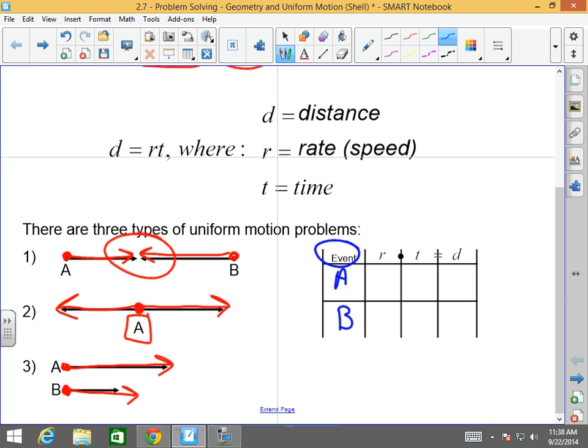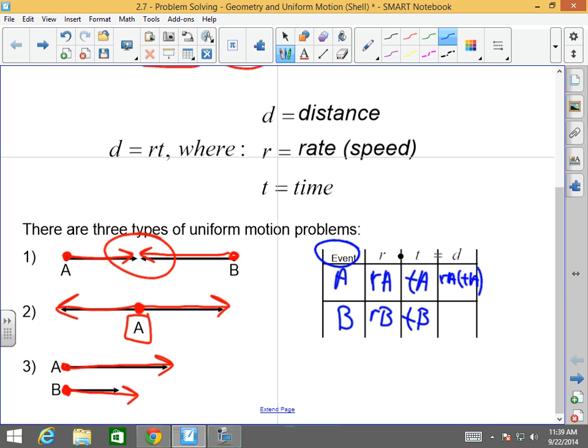You're going to have the rate of A, and then the rate of B. You're going to have the time of A, the time of B, and then you're going to have the distance, which is the product of R and T. So this would be the rate of A times the time of A. That's my distance.